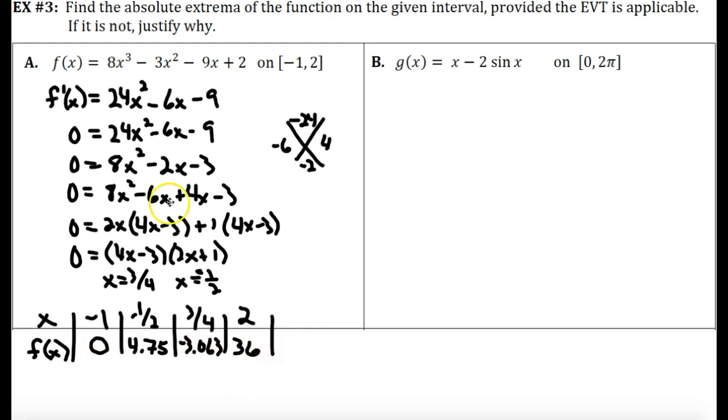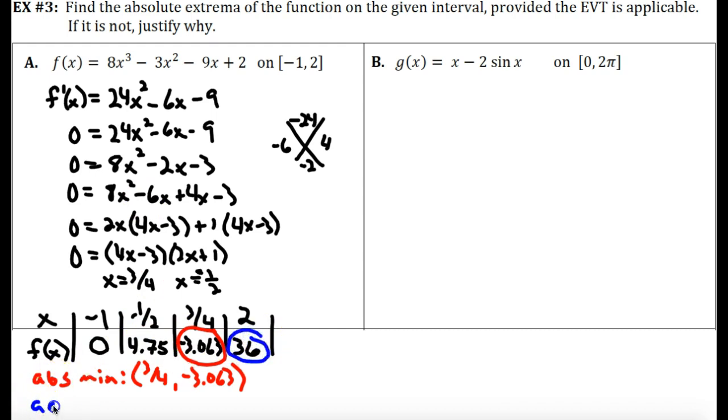Now we want to look at these y values and see which one is the greatest and which one is the smallest. Well, -3.063 is going to be the smallest. So my absolute minimum value on this interval occurs at the point 3/4, -3.063. The greatest value out of these 4 y values is 36.